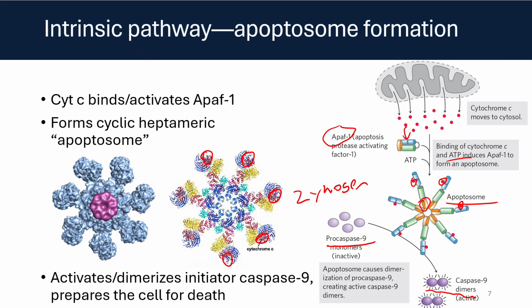And now the job of these initiator caspases is to prepare the cell for cell death. They actually don't carry out the deed themselves, but what I do want to highlight here is the similarity to the blood clotting cascade. It's so often we propagate signals through a chain of proteases, activating more proteases. It's a great way to amplify a signal to get a fast response.